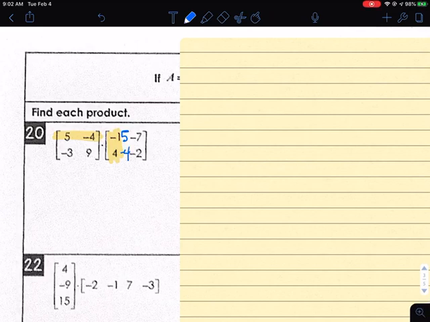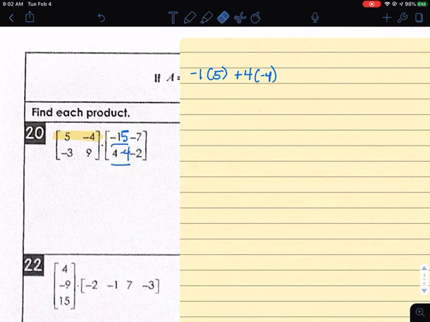And I'm going to multiply -1 times 5, and then add to that 4 times -4. The things that were side by side got multiplied, and all of that goes on the first row in the first column.